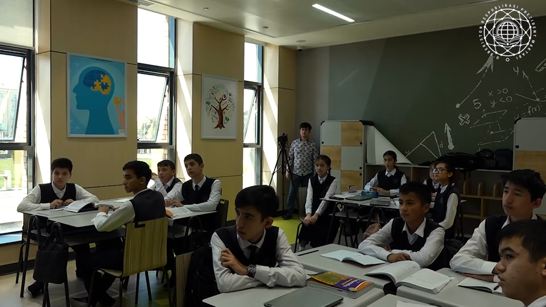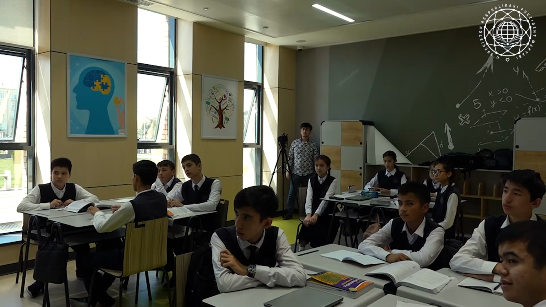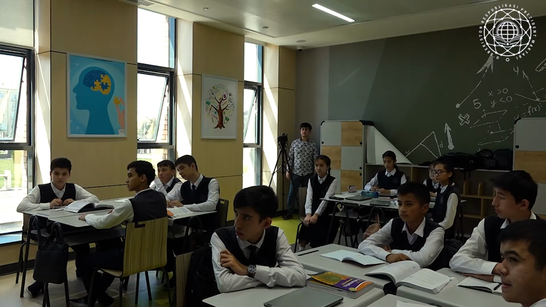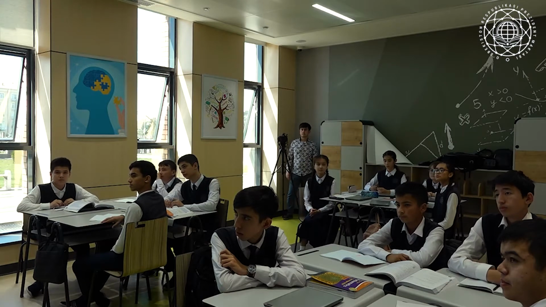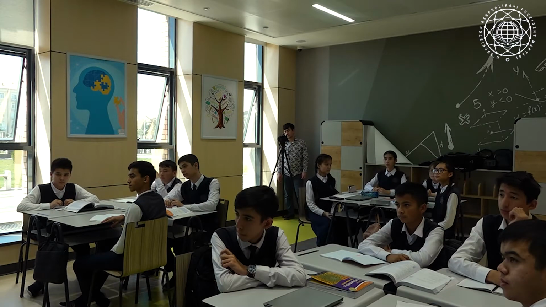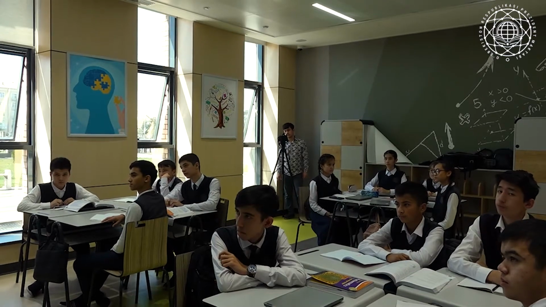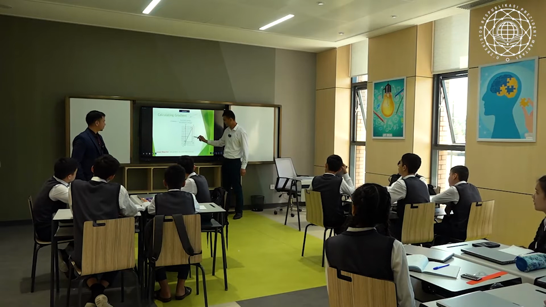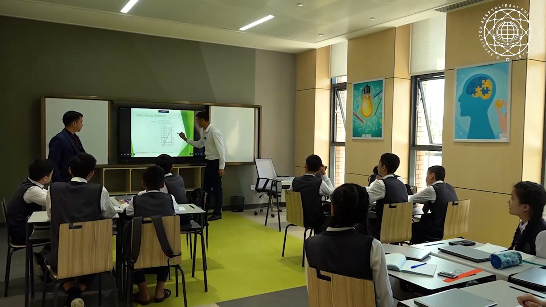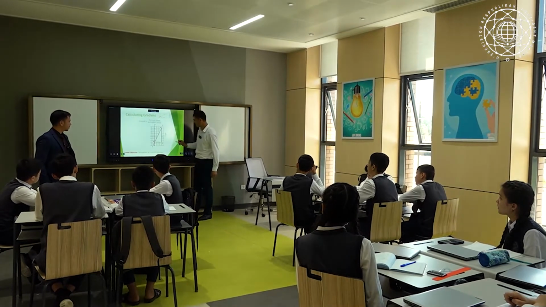If we draw cycling going down, its gradient is negative. Going up, gradient is 1, 2, 3, 4, 5, 6, 7, 8. Vertical change is 8.